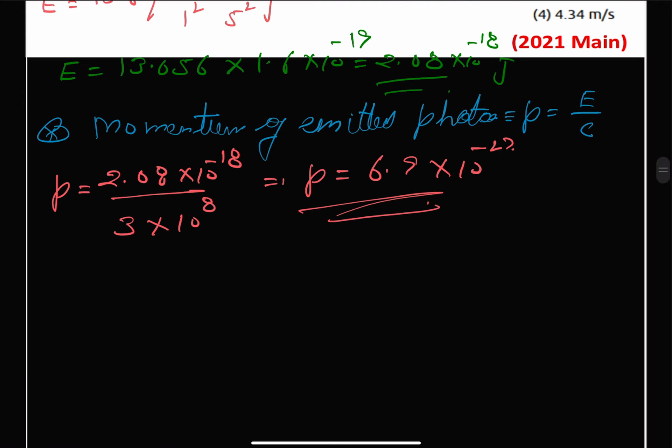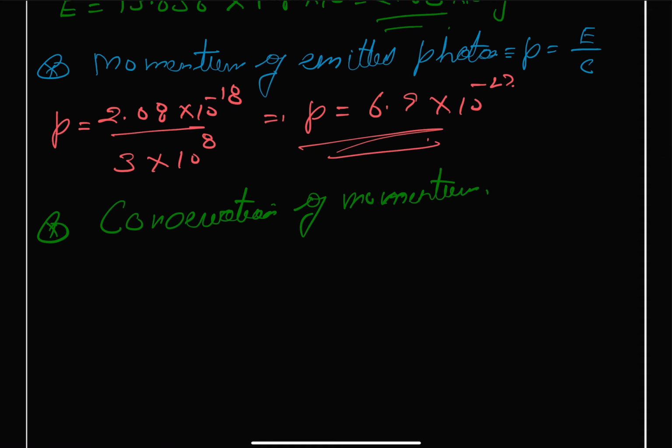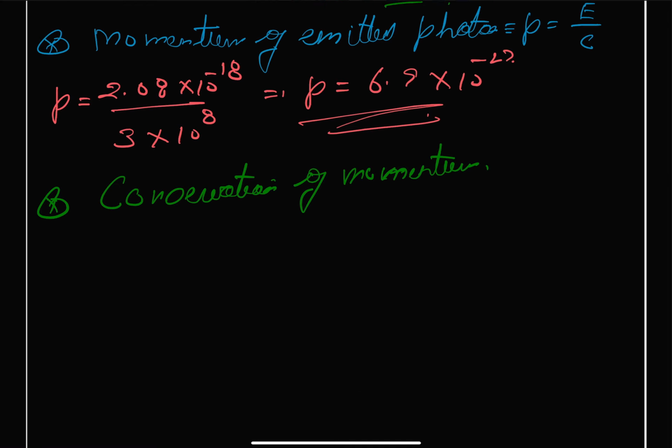So now by conservation of momentum, the momentum of the photon will be equal to the recoil momentum of the hydrogen atom. So we can write that the recoil momentum of the hydrogen atom will be equal to the momentum of the emitted photon.